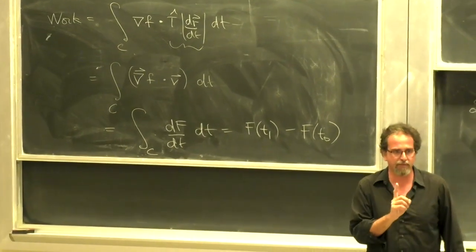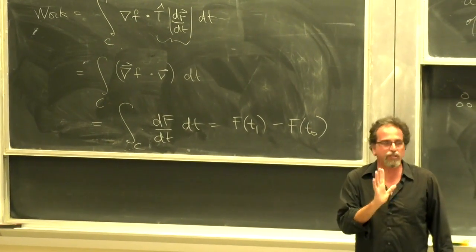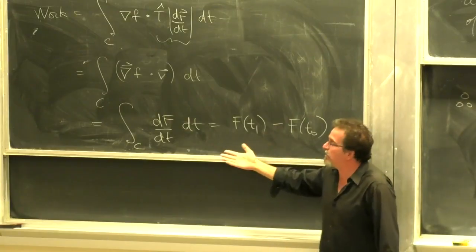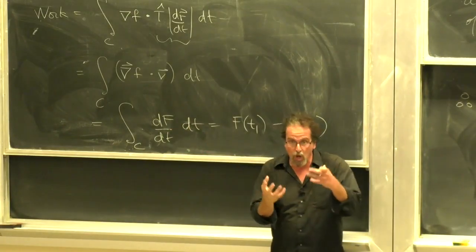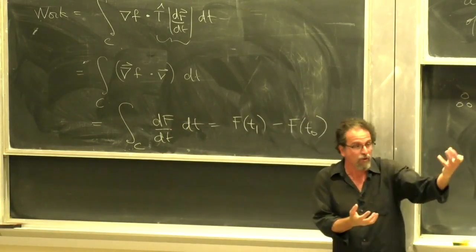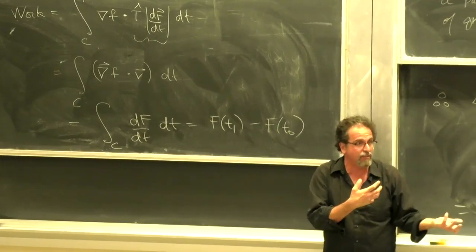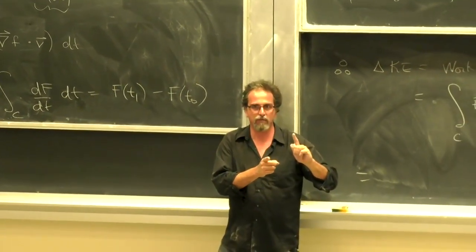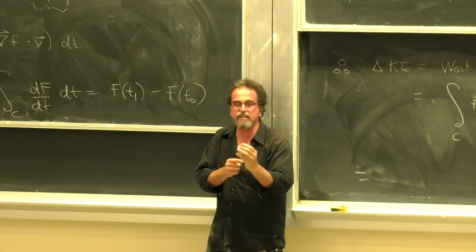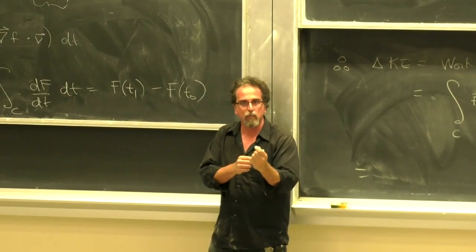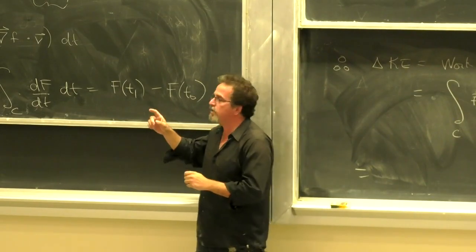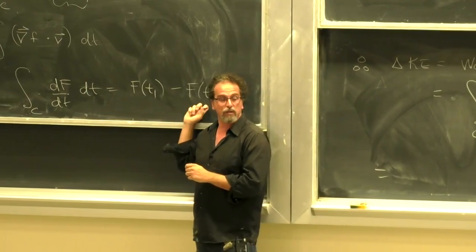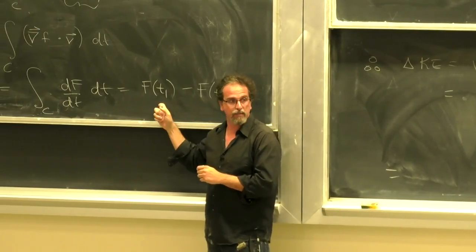What just happened? I had an integral along the whole curve, and technically to know what's going on I have to know where that whole trajectory is. And this said, no. When your force is a gradient, you only need to know where you started and where you ended.